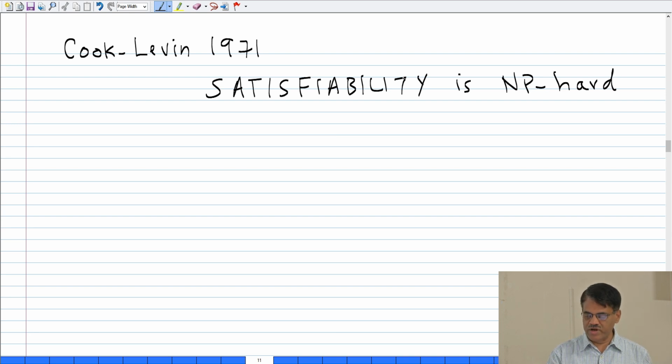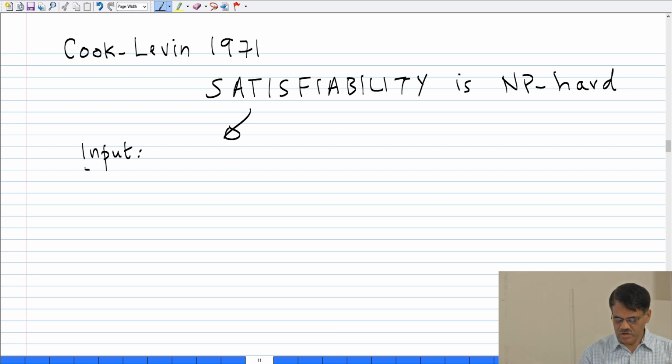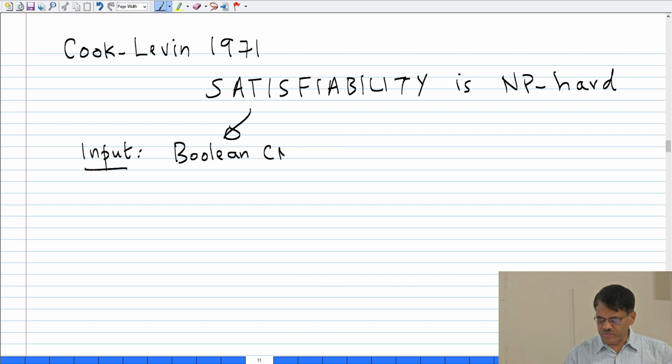So, what is the satisfiability problem? The input is a Boolean formula, a CNF formula. This is not exactly what Cook and Levin showed in that paper, but this is a simplification of what they showed that was obtained later.